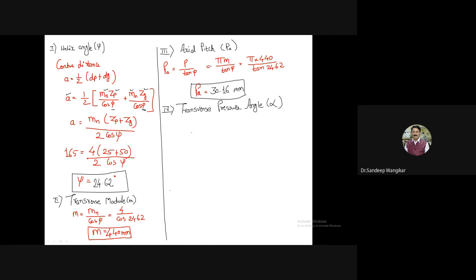So we are having the formula here: tan of alpha is equal to tan of alpha n divided by cos of psi.